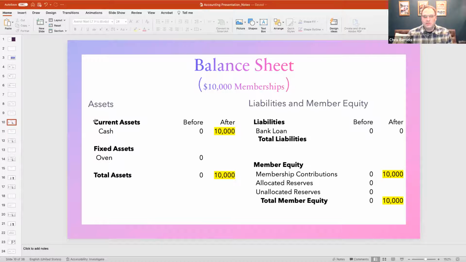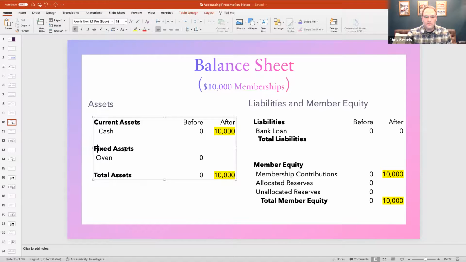Just really quickly, the term current assets is a type of asset, and that really refers to assets that will be used in the next year. Cash is pretty much always going to be a current asset because you would expect to use cash in the next year.